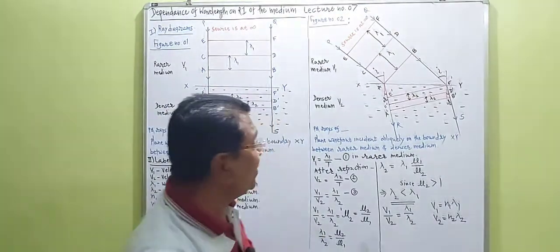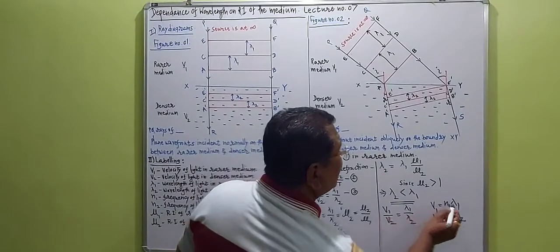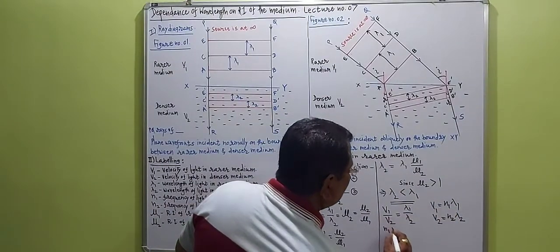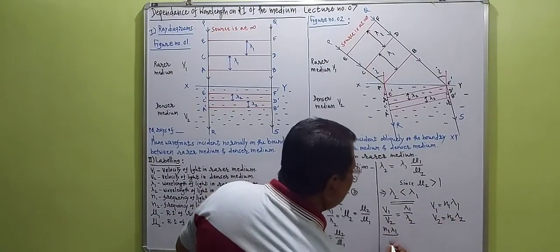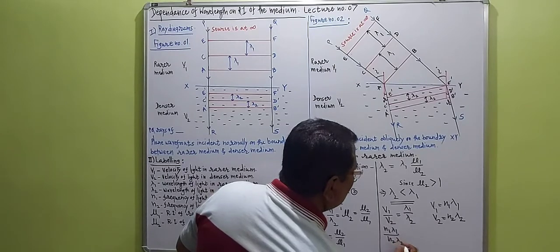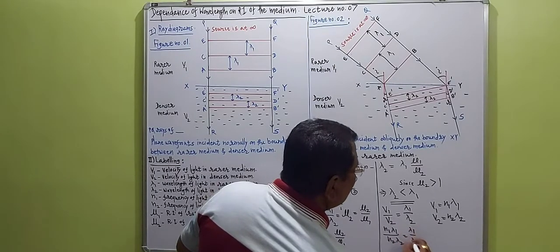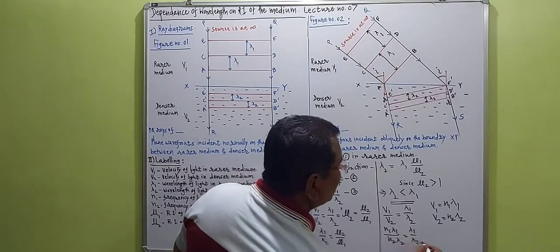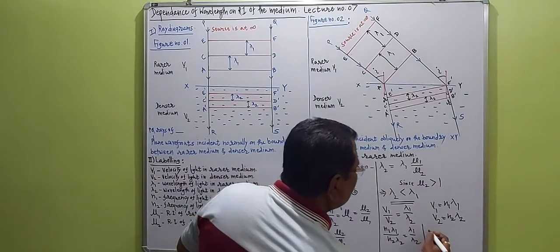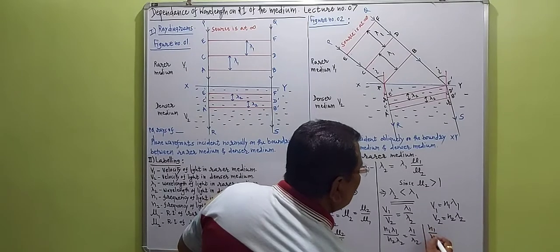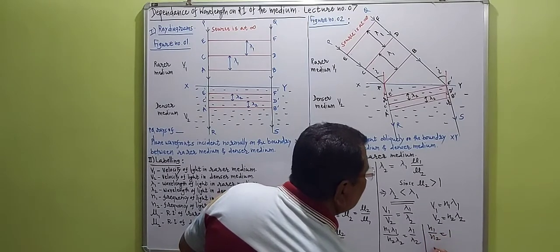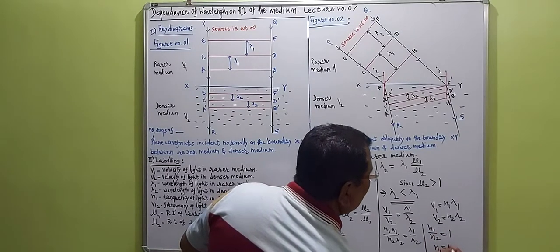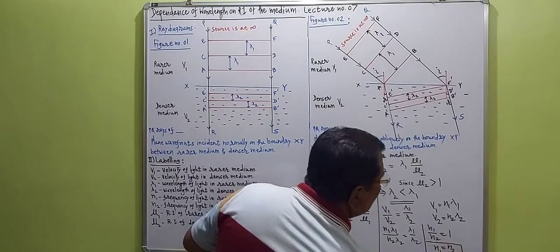Okay, we will put here, we can get what? N1 lambda 1 upon N2 lambda 2 is equal to lambda 1 upon lambda 2. Here lambda 1 upon lambda 2 and lambda 1 upon lambda 2 get cancelled and you will get what here? N1 upon N2 is equal to 1, or we can write here N1 is equal to N2.